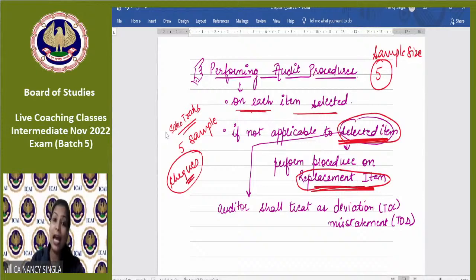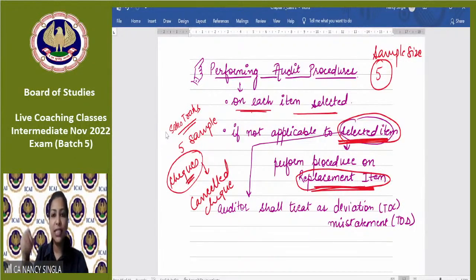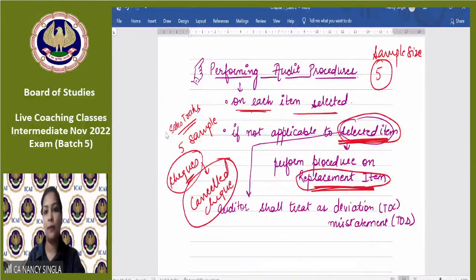Now, when he looked at the fourth sample, he found that it is a cancelled check. वो check जो उसने select किया था, with respect to receipt of payment, it was a cancelled check. So it is not possible to apply audit procedures here.